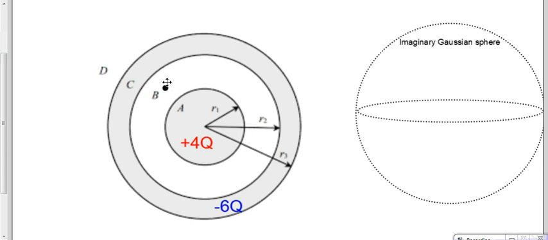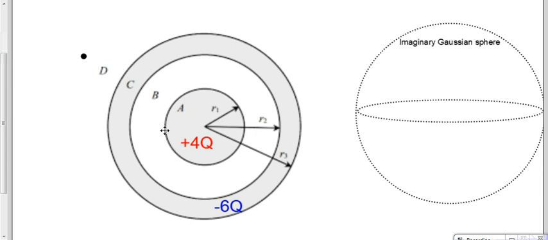Or a different question is, what if we put it in the cavity between the 2 hunks of metal, what they call region B? How strong would the field be there? And similarly, region C inside the actual metal of the shell, or somewhere out here outside the entire arrangement, what they call region D. I'm going to do region D, but the process I'm going to show you could work for any of those 4 regions.